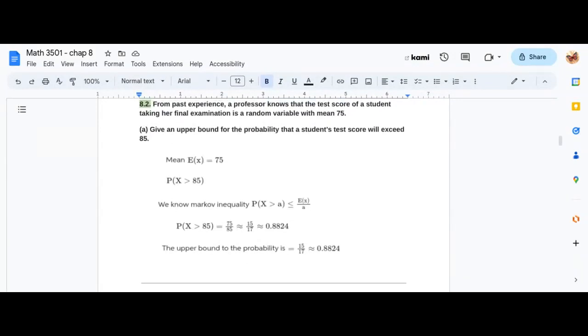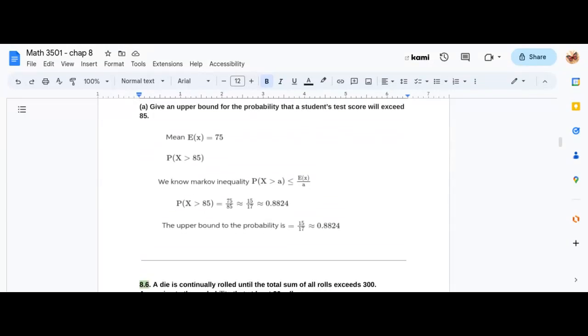So I chose 8.2, and it says from past experience, a professor notes that the test score of a student taking her final exam is a random variable with mean 75. Give an upper bound for the probability that a student's test score would exceed 85. So the mean is 75, the probability X is greater than 85, and we know the Markov, I don't know if I'm mispronouncing that, inequality.